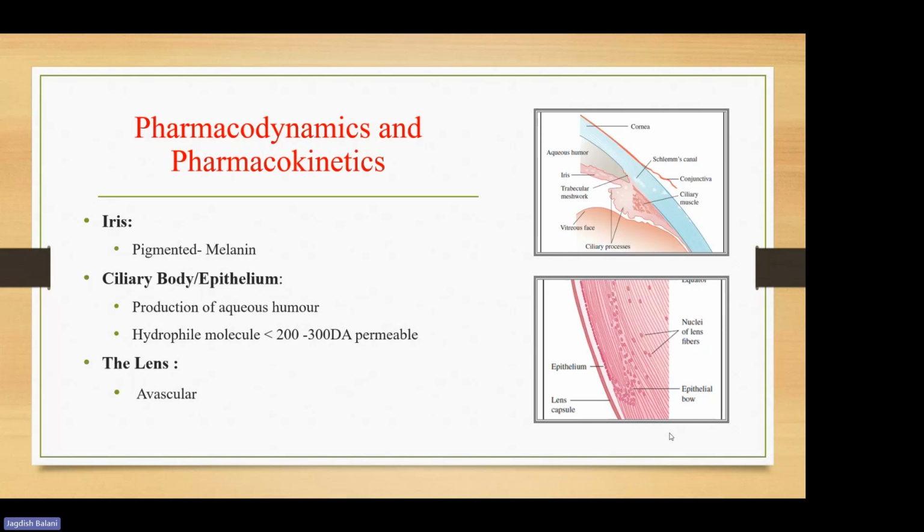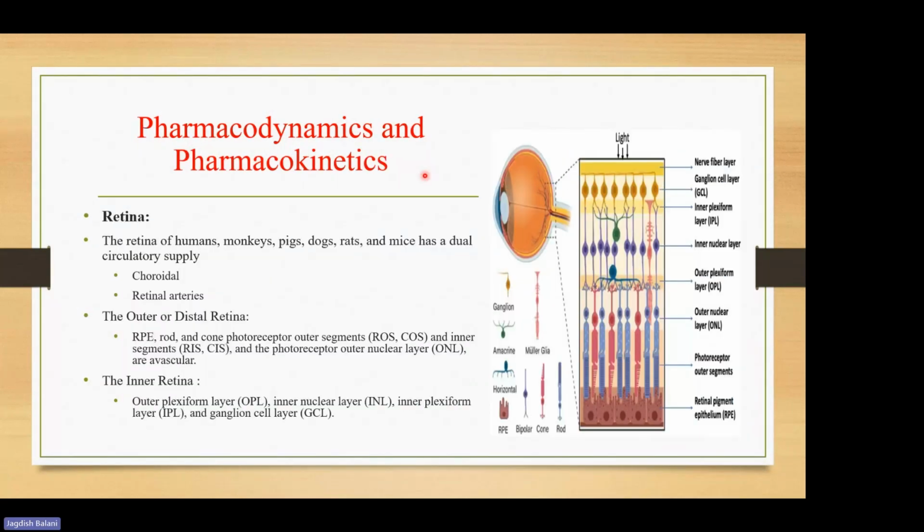So it may create some toxic response. Sometimes you have seen pigmentation in the lens also. It may create a cataract also. So it's also a kind of barrier which restricts the toxicant from traveling further and creating some toxic response over the local site. Then lastly is the retina.